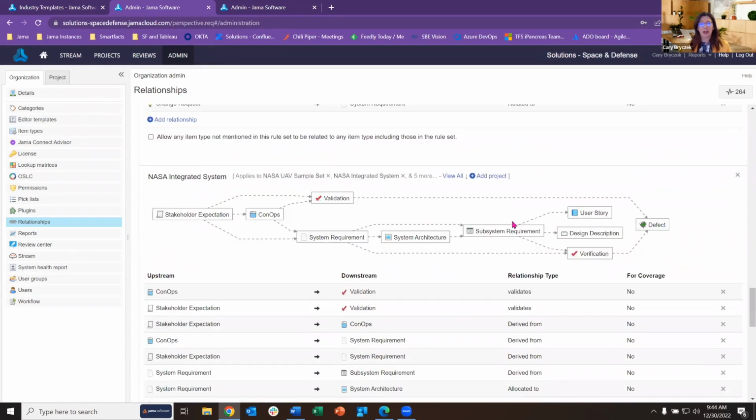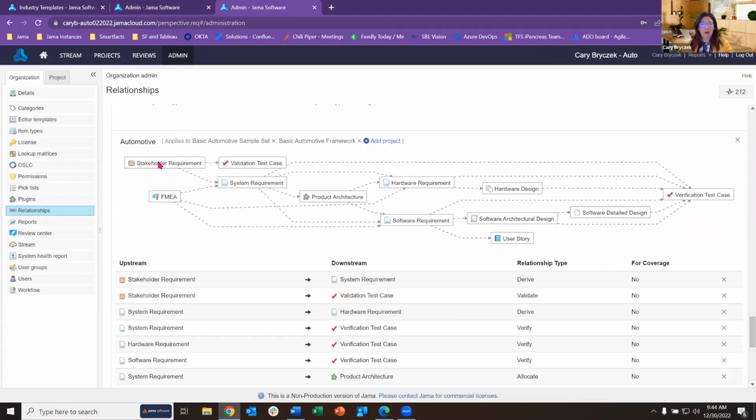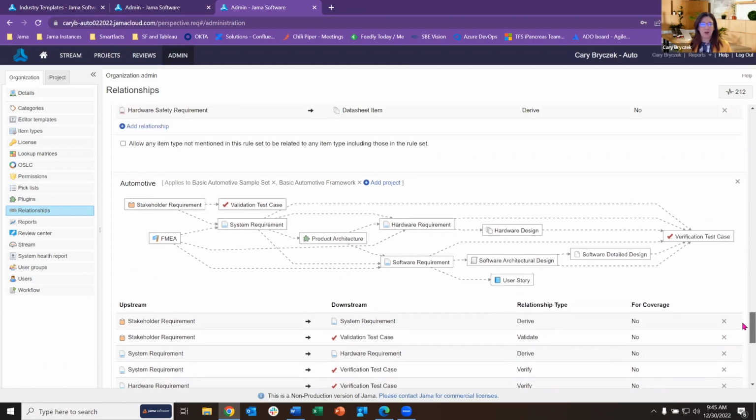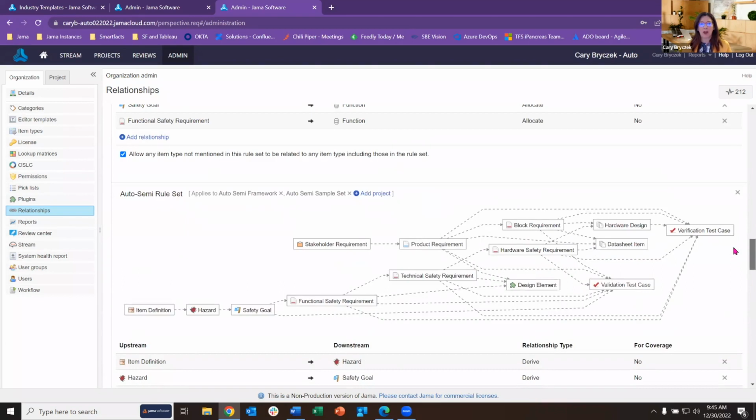We have templates for a defense system V, we have templates for automotive as well. So all of our basic automotive framework, if you're having to do ASPICE or ISO 26262 or both of them together, right? We have these pre-configured data models for you to start just creating and authoring the requirements right away.